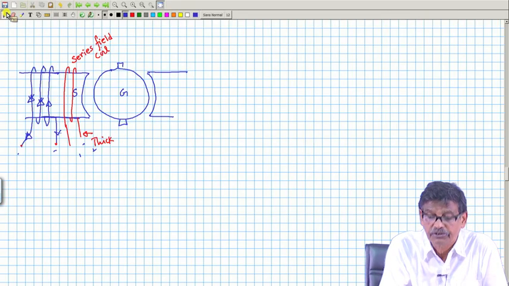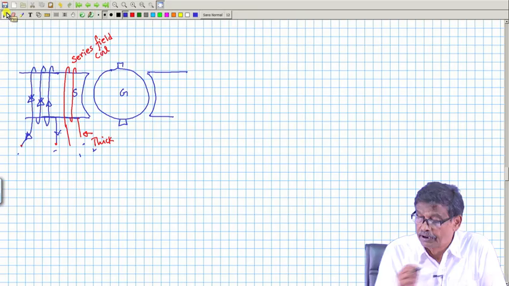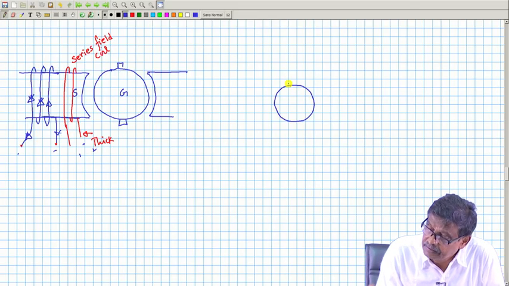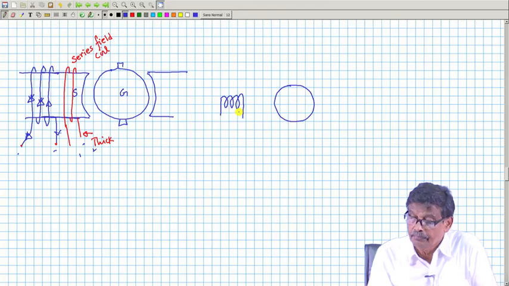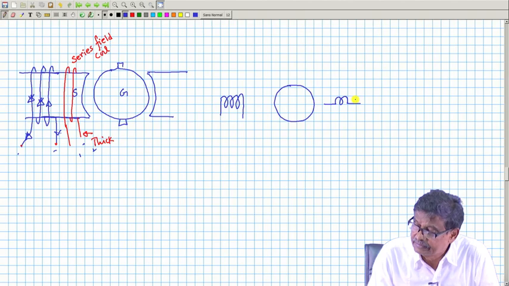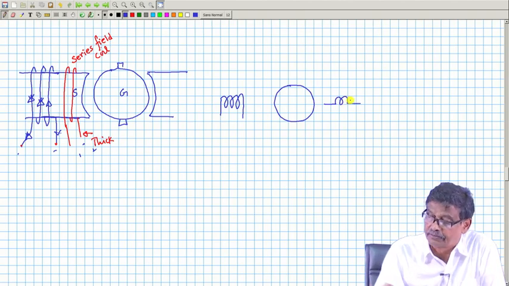So, I am now using another term called series field winding. A DC machine could then have this field coil, the original field coil, and this series field coil I am drawing like this, with few turns and a thicker coil, but on the same poles, on every pole.